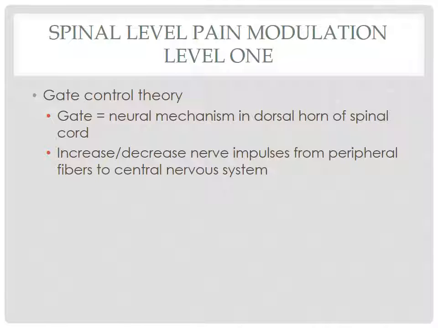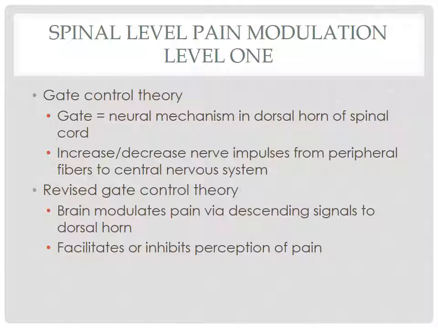So that takes us to the revised gate theory, where we still have essentially the same mechanism at the dorsal horn of the spinal cord, but there are also some other descending signals that inhibit it. What we found is that depending upon how an injury is treated, we could either facilitate the perception of pain or inhibit it. Obviously we're looking at inhibition in order to reduce the pain that one's experiencing.